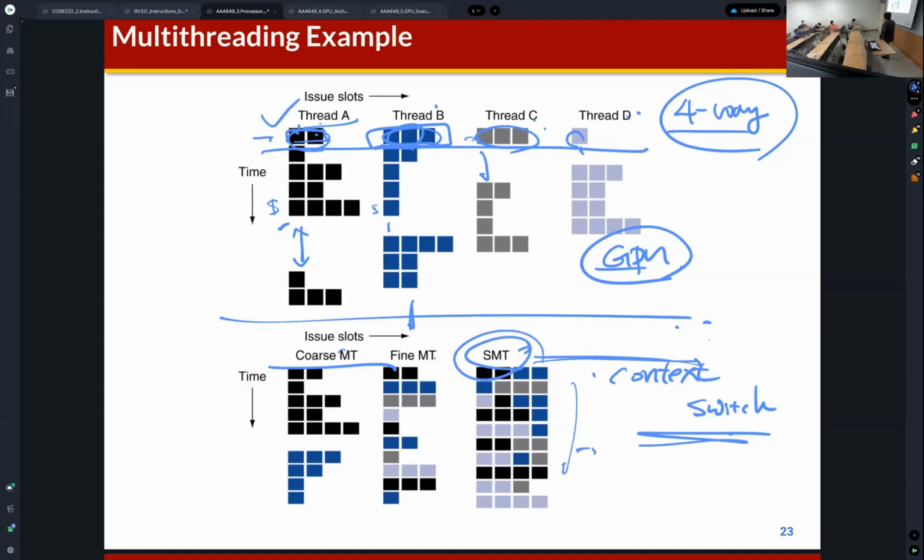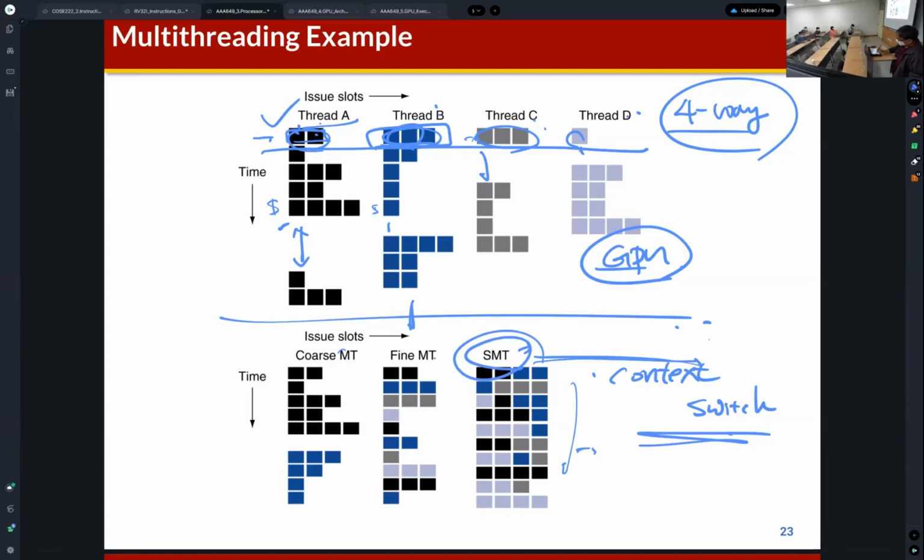As I mentioned, in coarse-grained multi-threading, if a thread encounters a cache miss, this thread cannot find any available instructions, so we can select some other thread. But with coarse-grained multi-threading, you cannot hide some clock waste between other instructions. What does that mean?